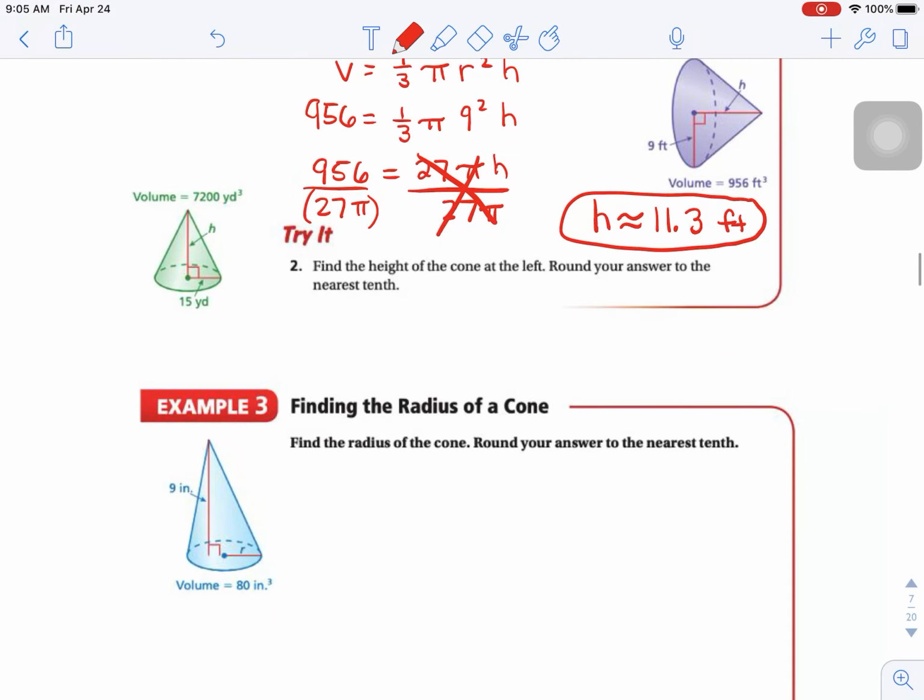Same idea for the next one. Again, feel free to pause the video to try it on your own. Here, they gave us the volume was 7,200 equals 1/3 pi. Radius was 15. 15 squared is 225. 1/3 of that would be 75.